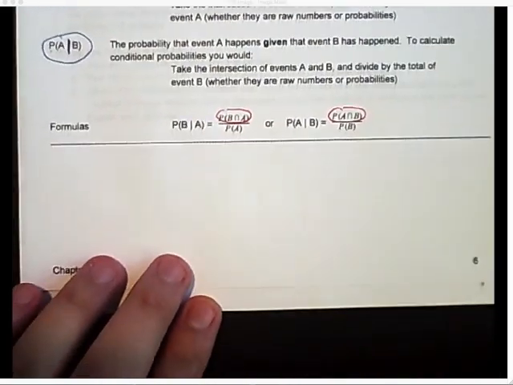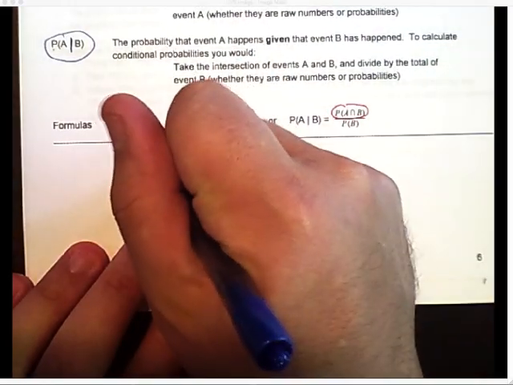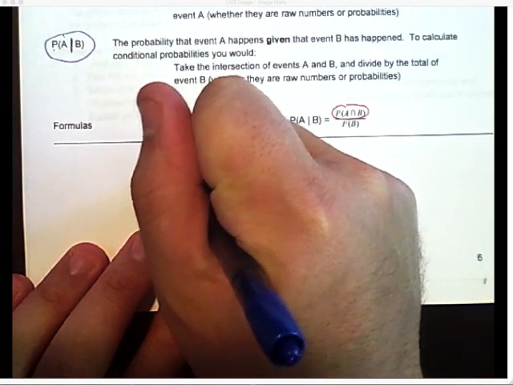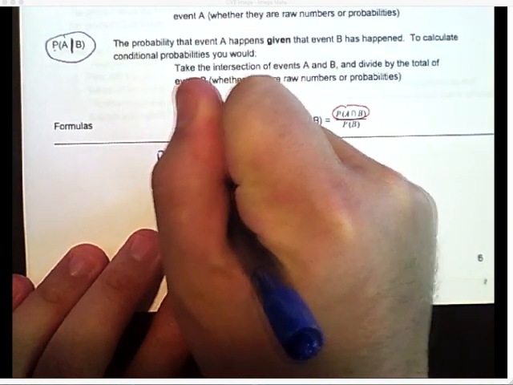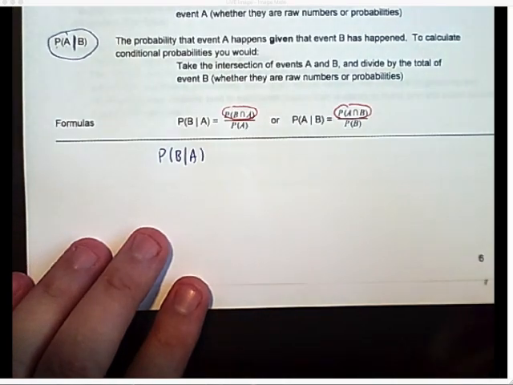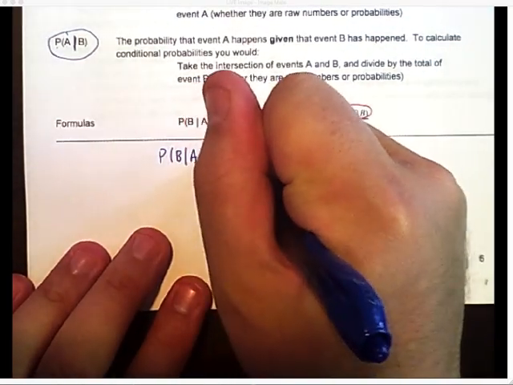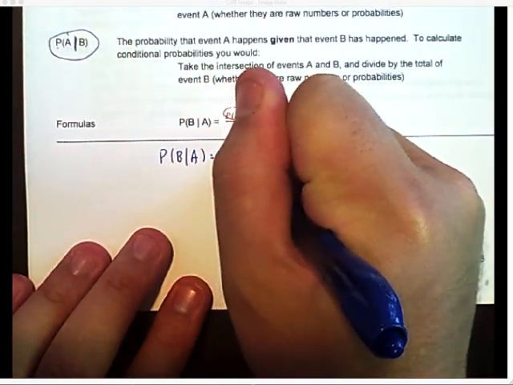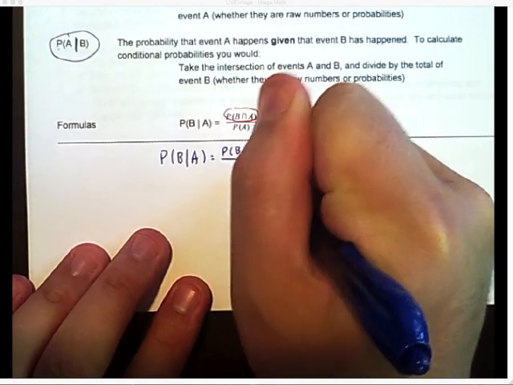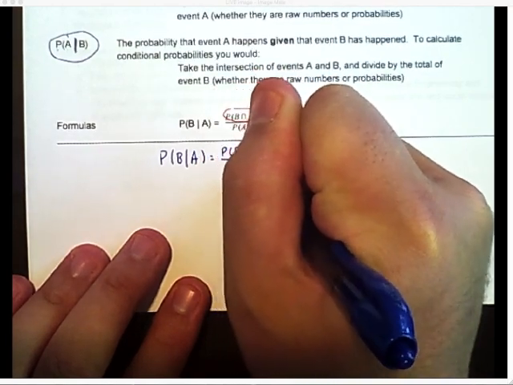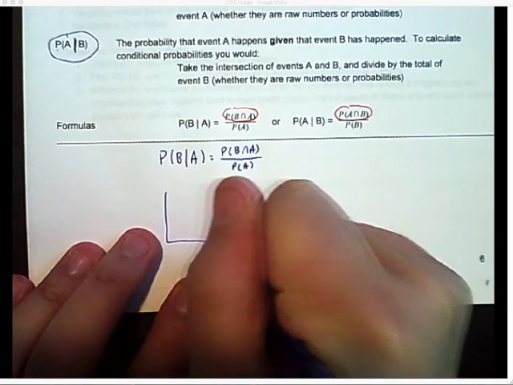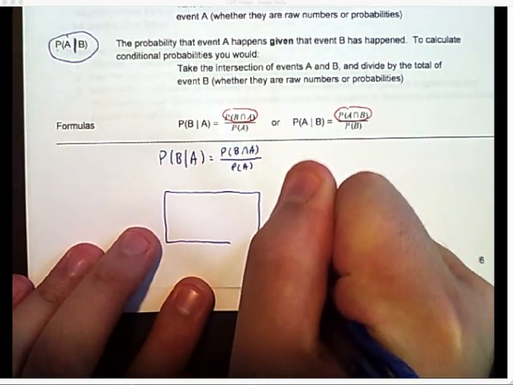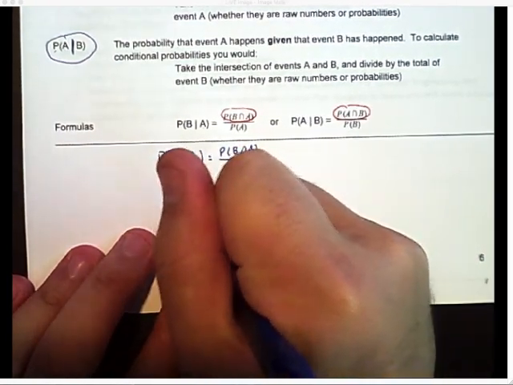So let me show you what it's like in a Venn diagram, how we would find it. Find the probability of B given A. We take the probability of B and A over the probability of A. So in a Venn diagram, let me draw my two circles.